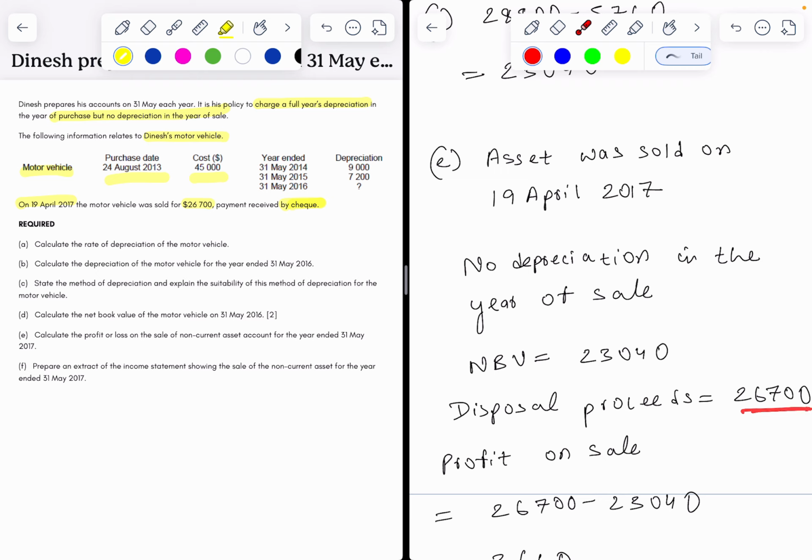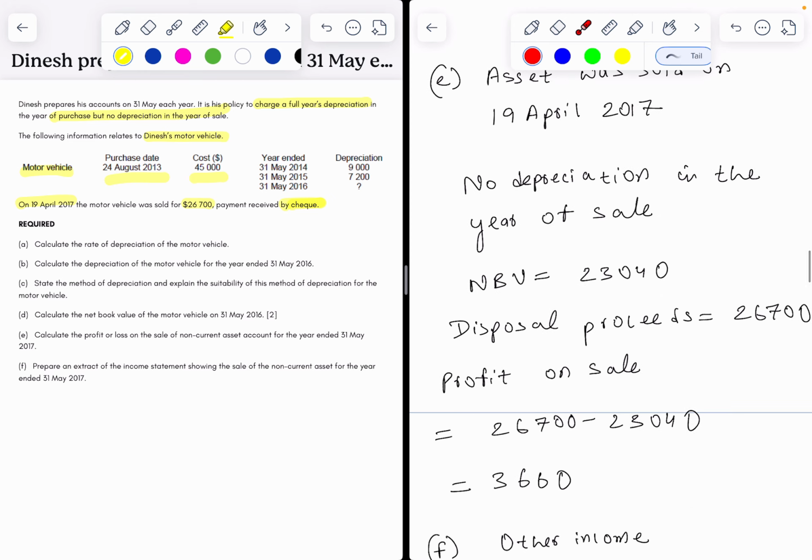So we can see that the economic benefits available for consumption during the disposal of this asset was $23,040, but we ended up selling it for more. Therefore, we have clearly made a profit. And how much is the profit? It's the difference between $26,700 and $23,040, which is $3,660.